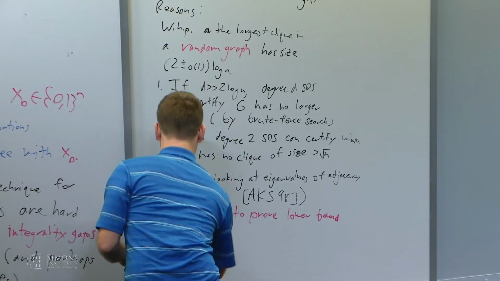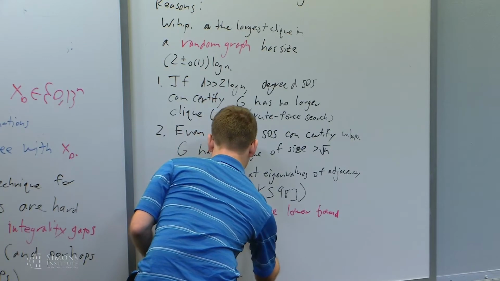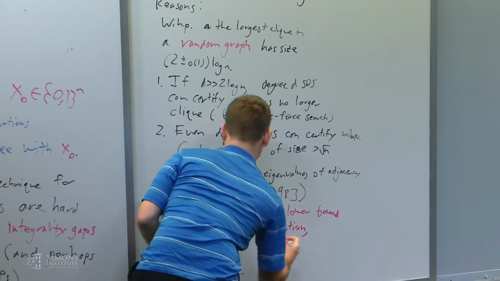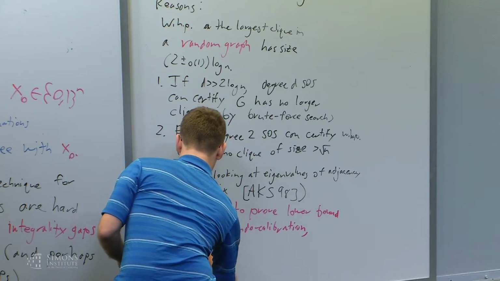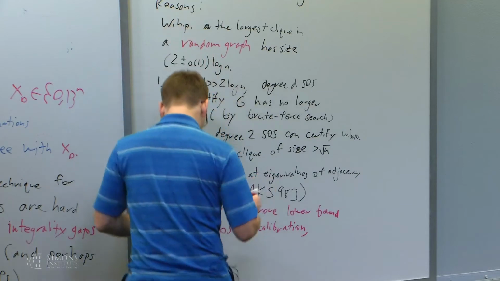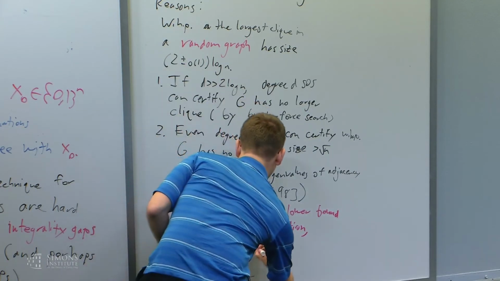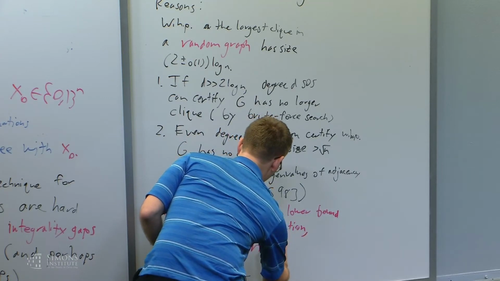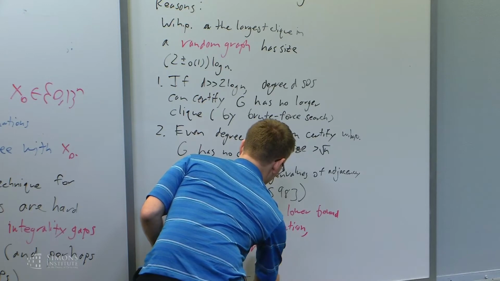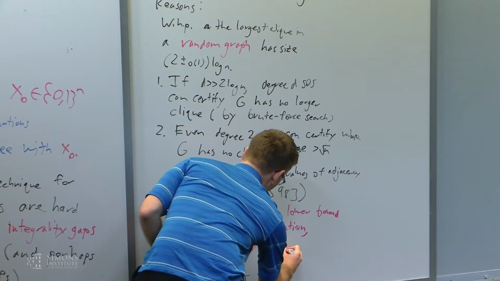In particular, before pseudo calibration, previous approaches were stuck at about n to the O of 1 over d.